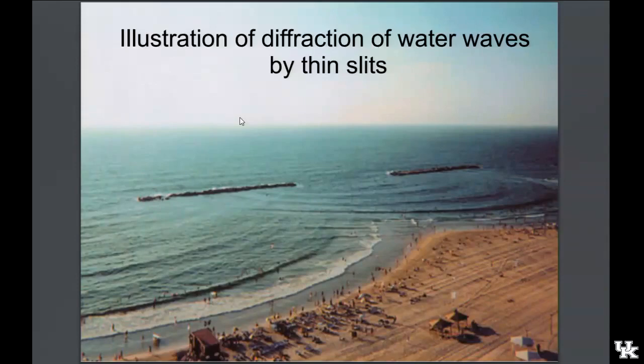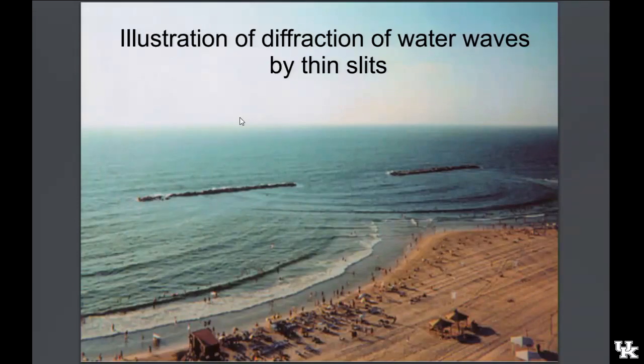It's also true for this slit down here on the left, and this slit up here on the right. What's emerging outward is what we call these hemispherical wavelets. This is the bending of water waves around these barriers. And this is a wave phenomenon. It's not a particle phenomenon. This is a very nice picture of these little wavelets, hemispherical or semicircular waves, that are emerging through this barrier.